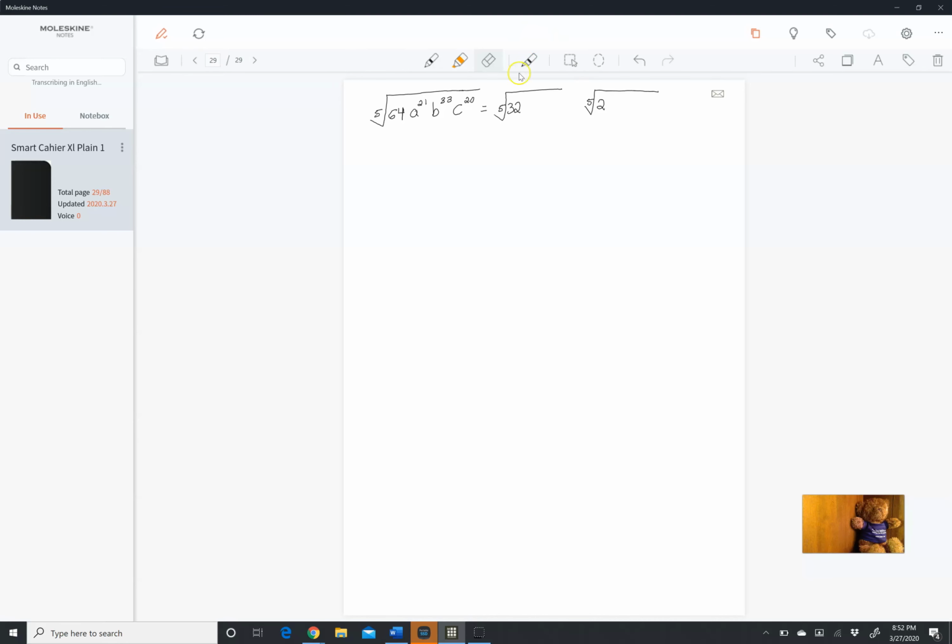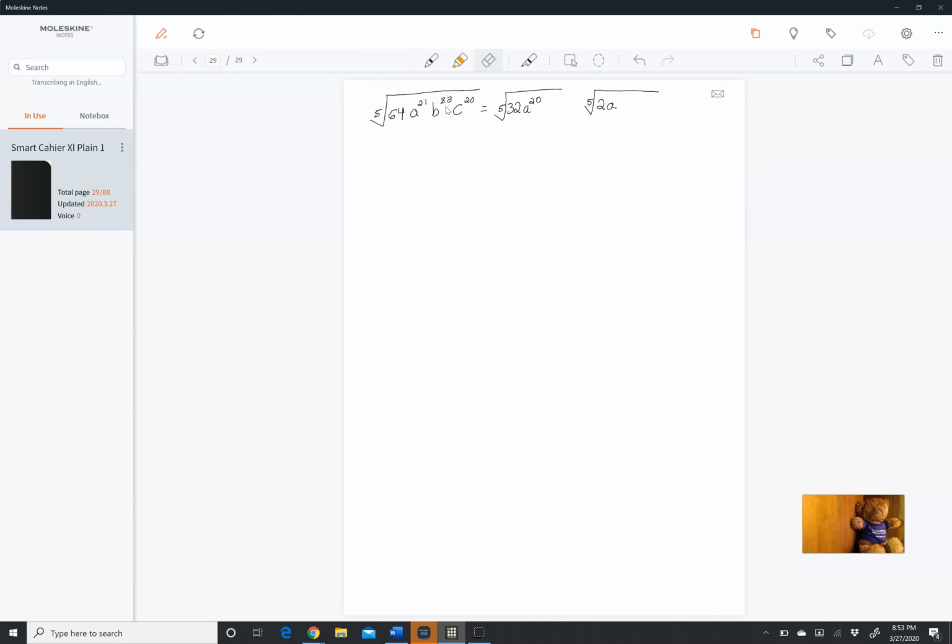Okay. So now we're going to do the same thing with the exponents. We start at 21. 21 is not divisible by 5. 20 is divisible by 5. So we're going to put a to the 20th under here. How many a's are left over? 1.